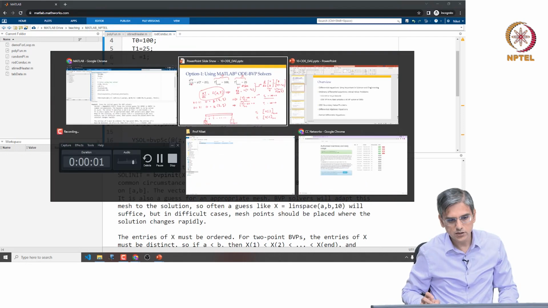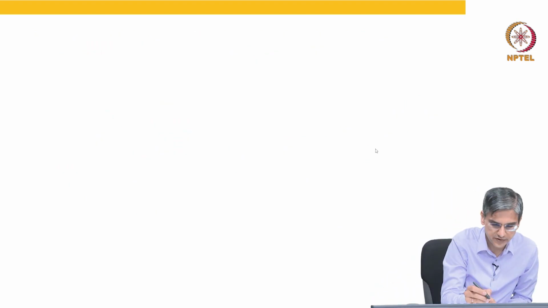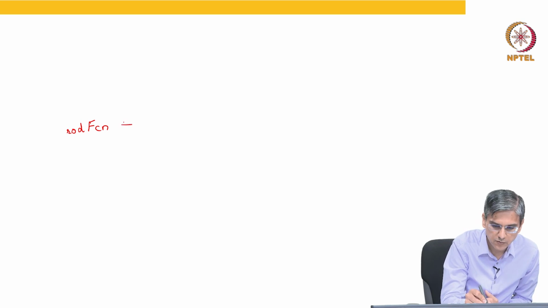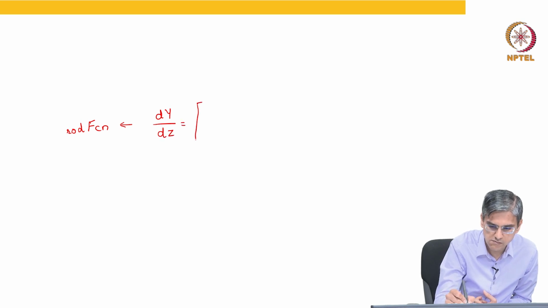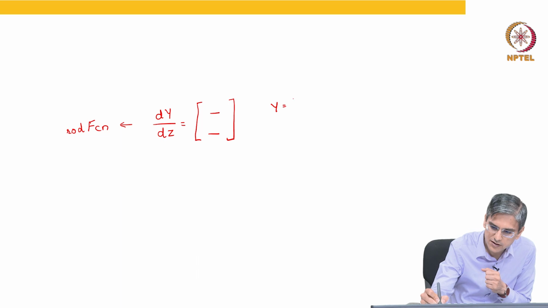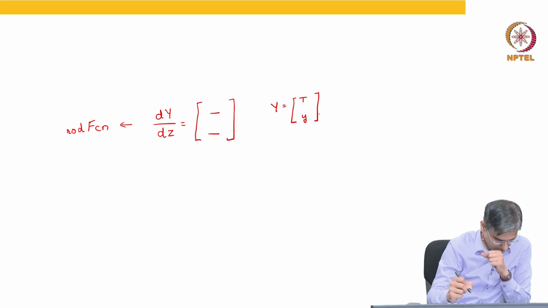Let me go over what we have actually done. So what we actually did is we created a function rodFCN. Okay. rodFCN has these two arguments, where y is nothing but T comma y.